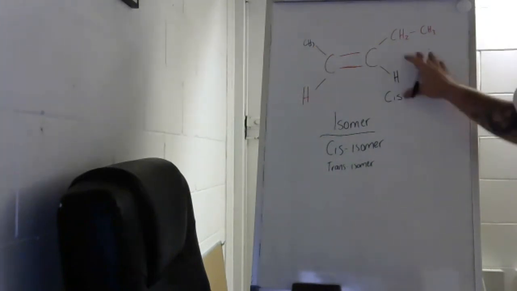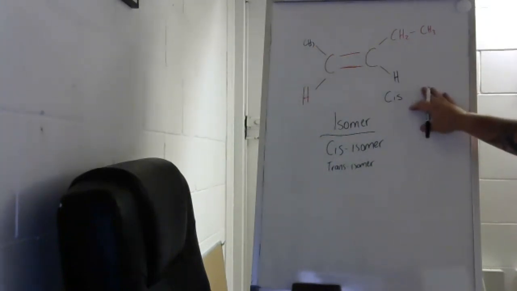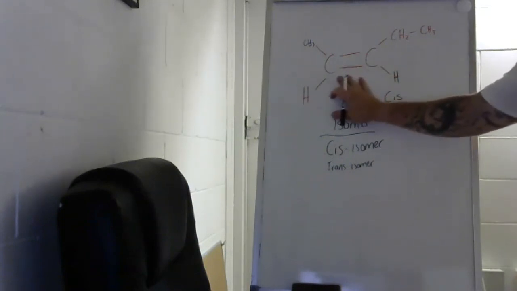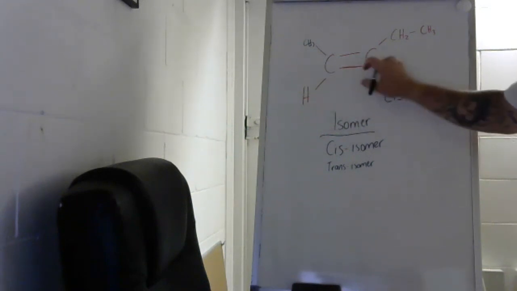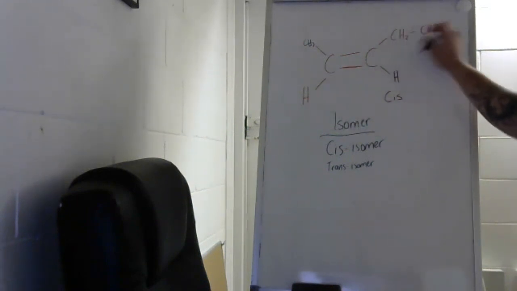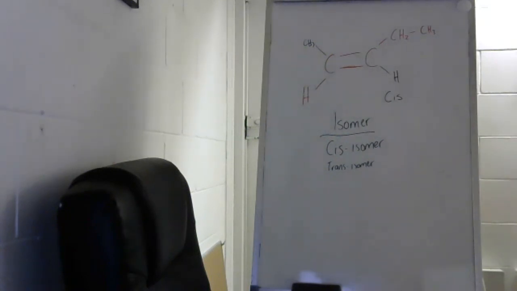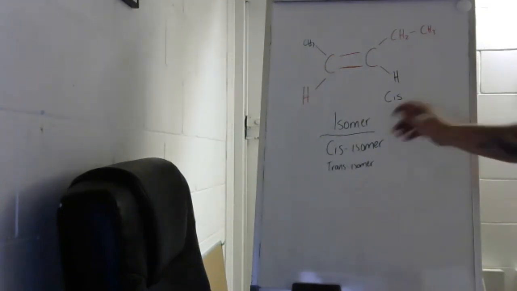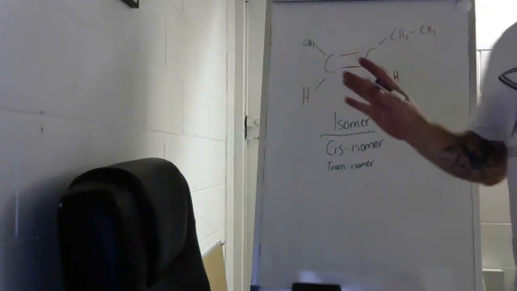So we name this not by where the carbon is coming off of. We name it where this second chain off the side starts. So we call it trans 2-pentene. Trans because it's, oh sorry, cis 2-pentene, my bad.